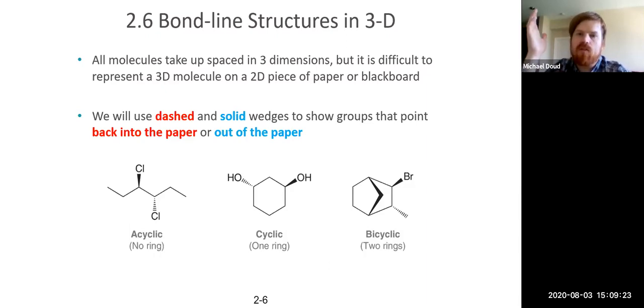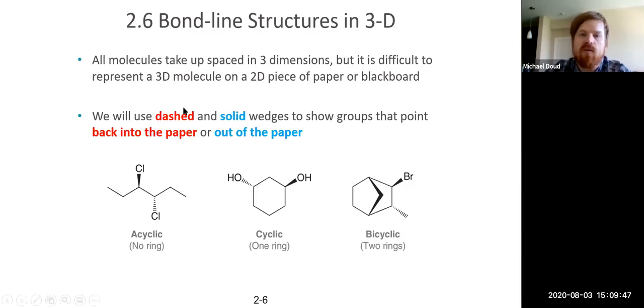But there's going to be a time this semester in the very near future where we're going to talk about molecules that are asymmetric. And when we talk about molecules that are asymmetric, we need to be able to draw them, or represent them on our piece of paper or on the screen share here, in 3 dimensions.